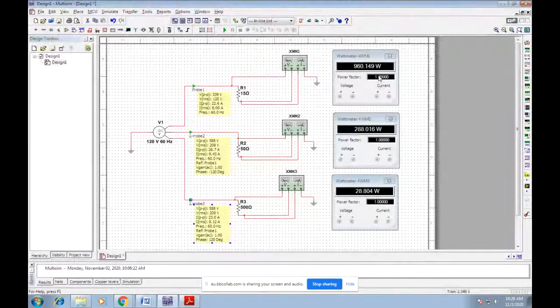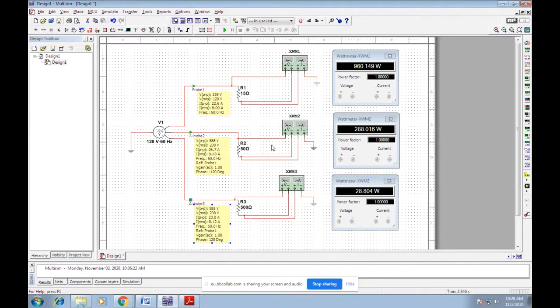Power factor is 1. So similarly, for the second one, what is the power? What is the power factor? For the third one, what is the power? What is the power factor? You can observe here that the power factor is 1. So as you have learned in theory, for a pure resistive network the power factor will be 1, that is 100%.